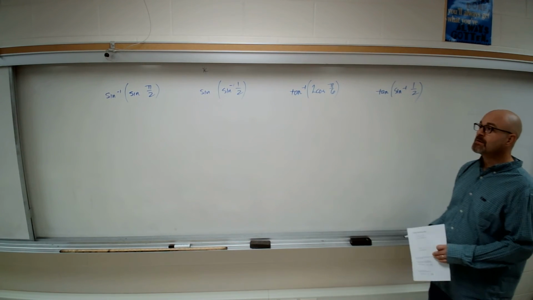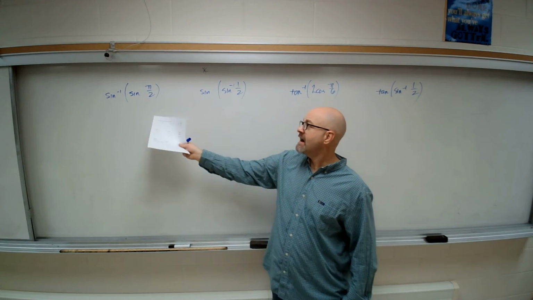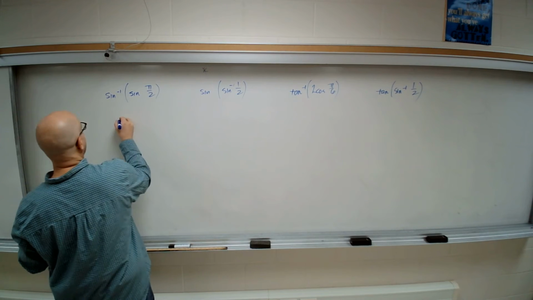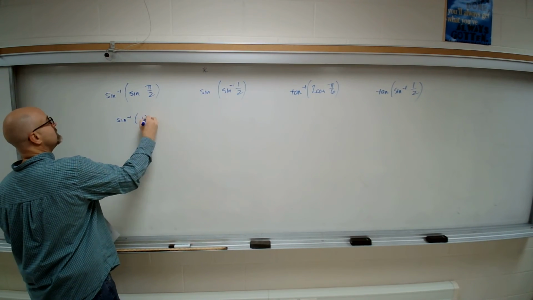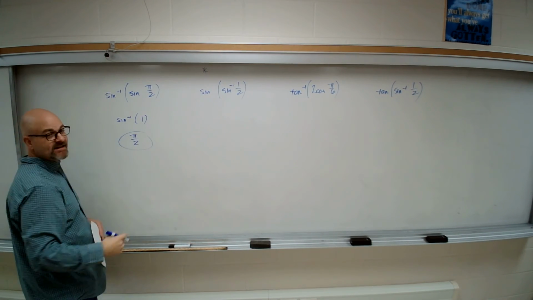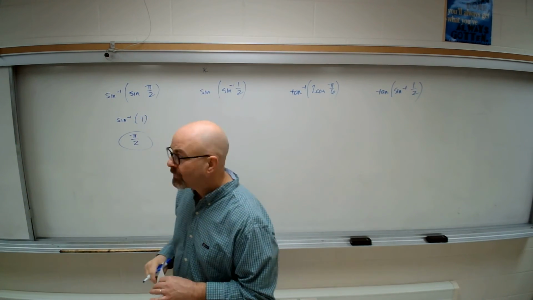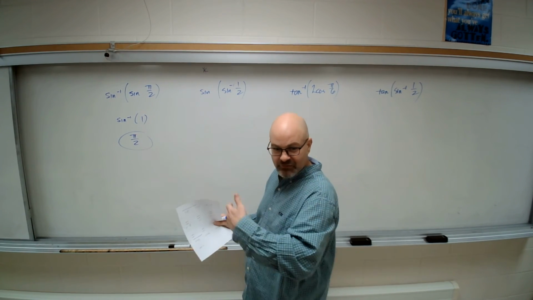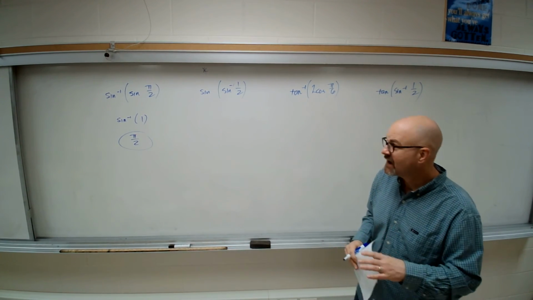Okay, so as we work through these, what's the sine of pi over 2? 1. And then what's the inverse sine of 1? Pi over 2. So in that case, it canceled out. It'll cancel out when this is in that restricted area, first or fourth quadrant for inverse sine.